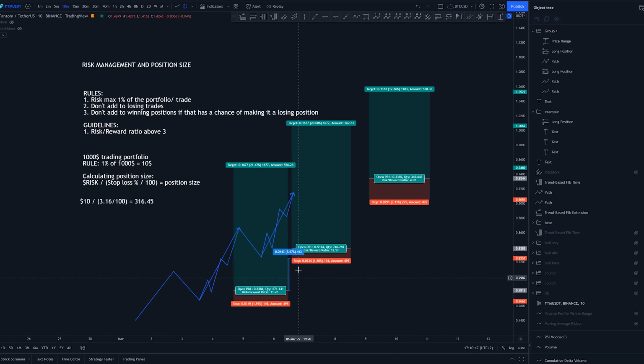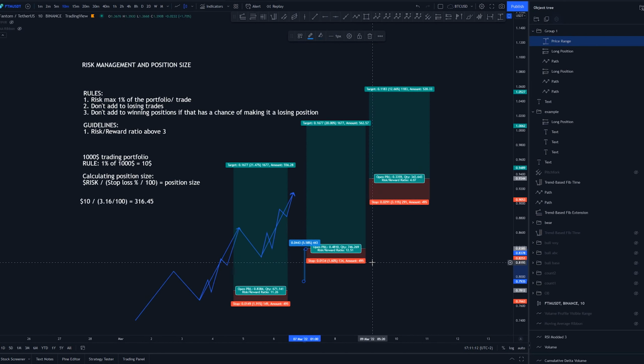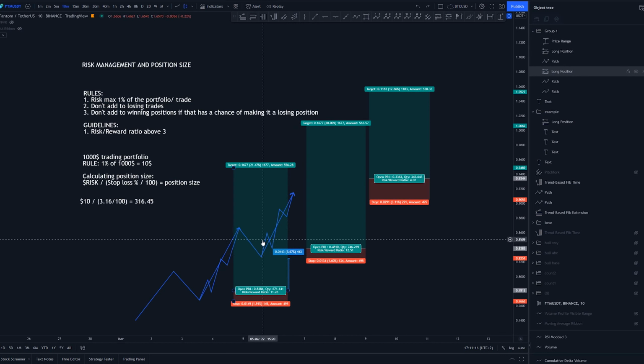So currently the most you're willing to lose is this much, and this size is basically the amount you're willing to lose. Now, can this amount of movement cover this? If so, then you can add to your position. And obviously in this case it would cover it easily, and it would be allowed by these rules.